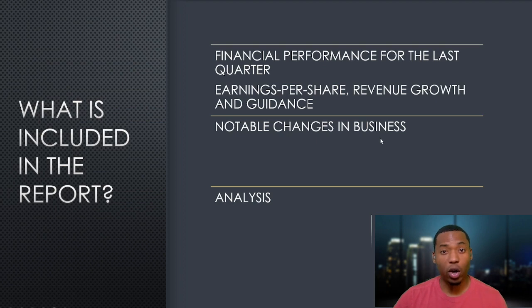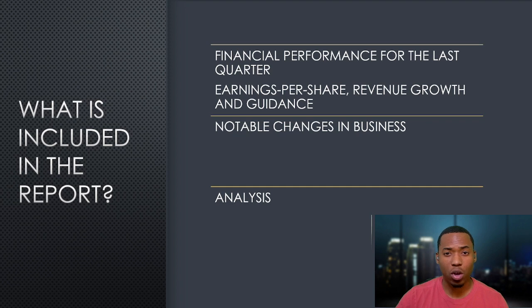Now, what's included in an earnings report? It's a little complicated, but it's really focused on financial performance, right? The three key items that we're talking about here are earnings per share, revenue growth, and guidance. Those are certainly the most important portions of the earnings report. We also get some details on notable changes in the business.